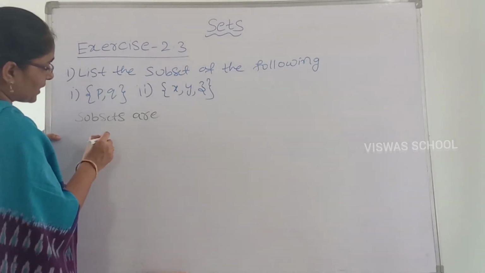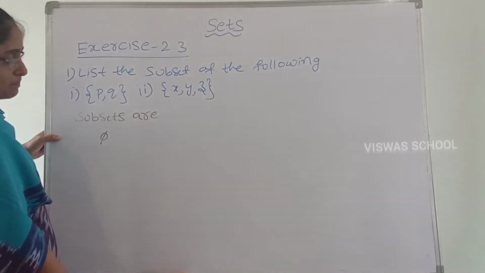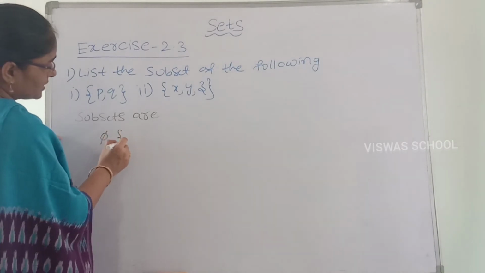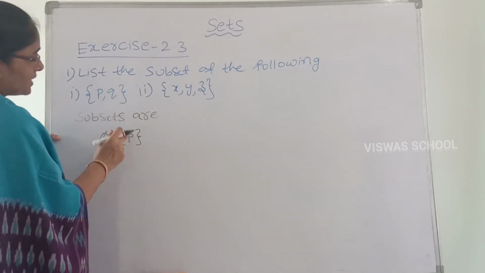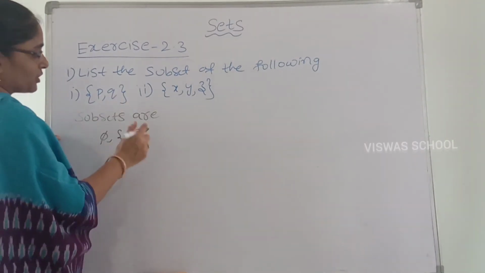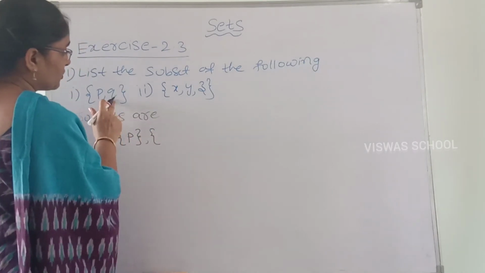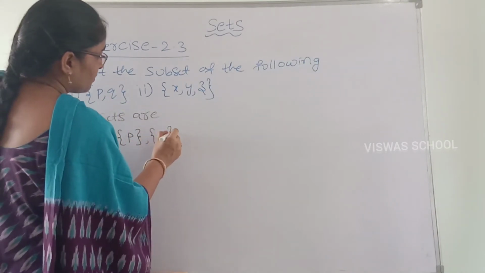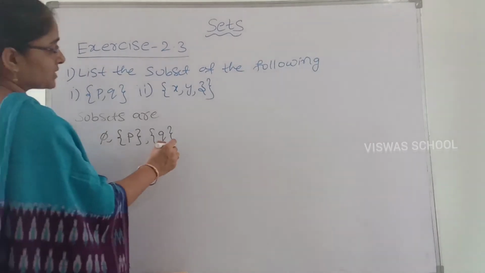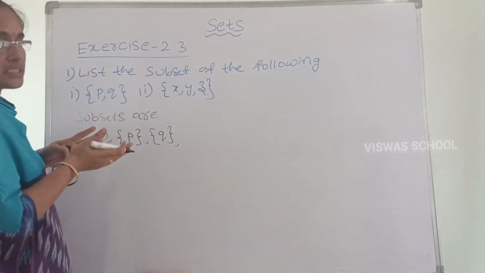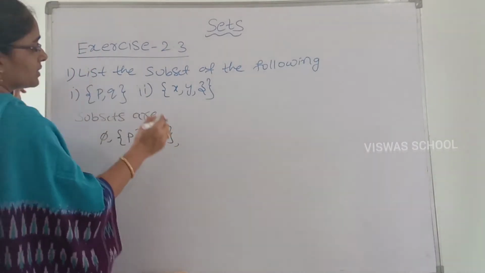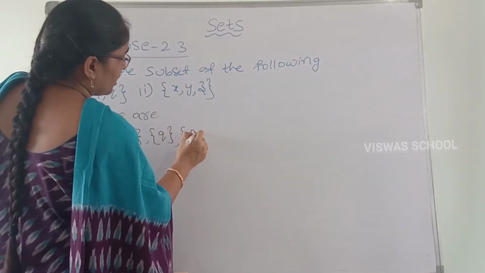Here the empty set is denoted by phi. And next one is P. P is a subset of P comma Q. And in the same way Q is a subset of P comma Q. And next, every set is a subset of itself. That is here P comma Q.